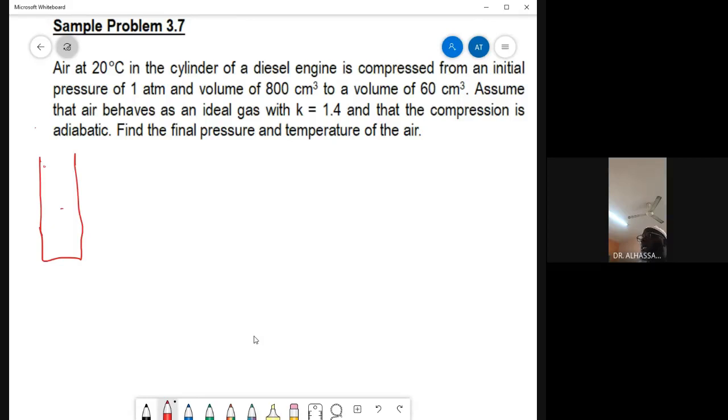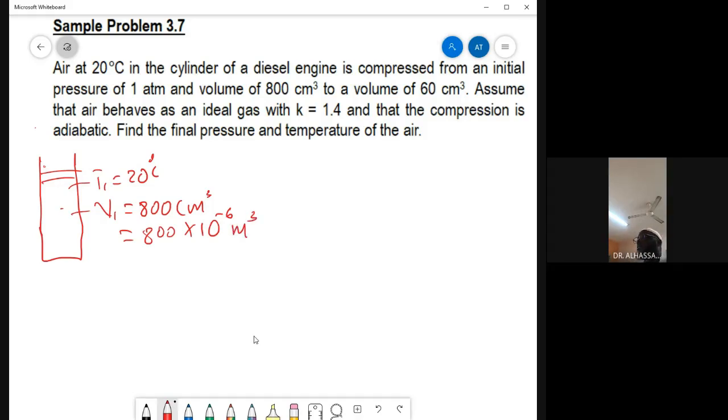And then initial position T1 equals 20 degrees Celsius. So V1 equals 800 centimeter cube. Okay, so this gives us how much in meter cube? This gives us 800 times 10 raised to the power minus 6 meter cube.